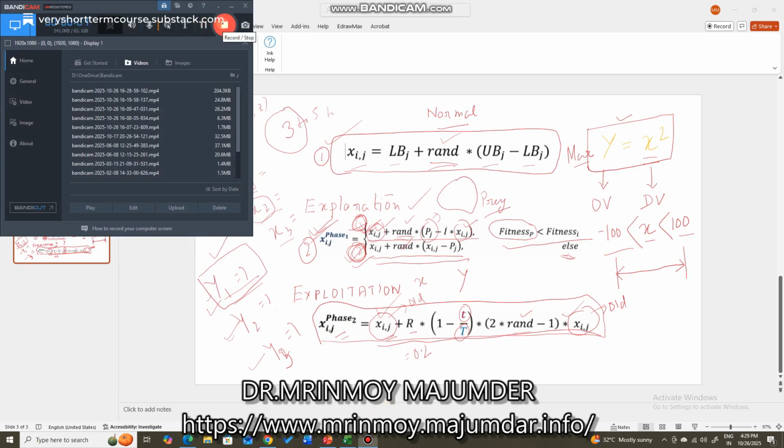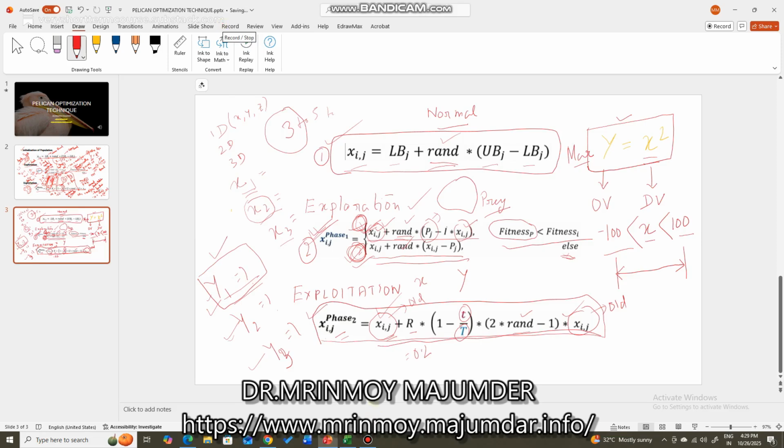So again you generate 3 new values of x, from them 3 new values of y, and compare with each other. The maximum wins, because you are dealing with a maximization technique.